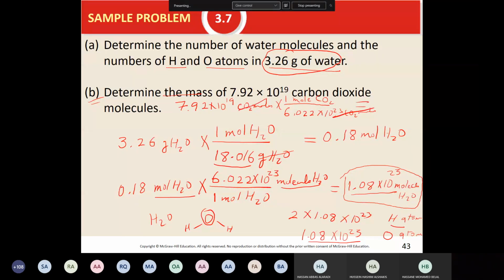What's the answer? 1.31 multiplied by 10 to the power minus 8.